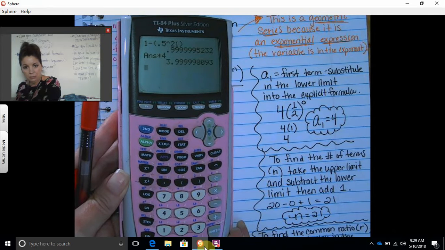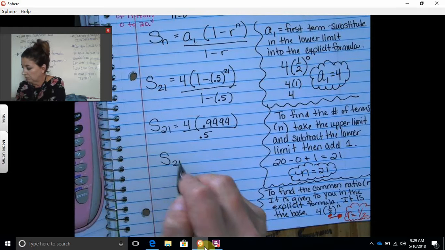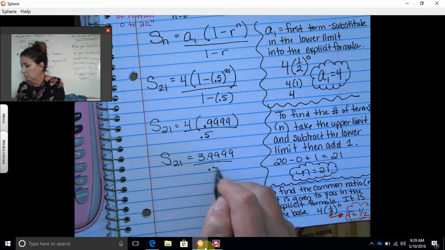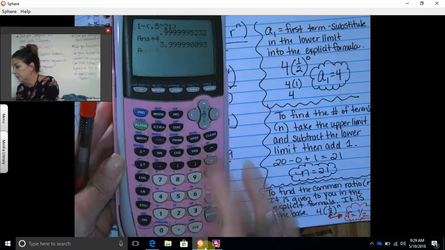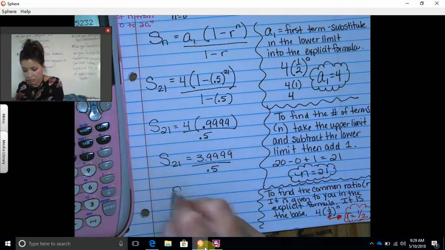And I'm going to go 3.9999. Divide that by 0.5. And sum of the first 21 terms.